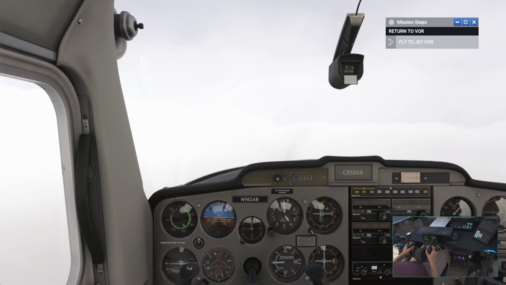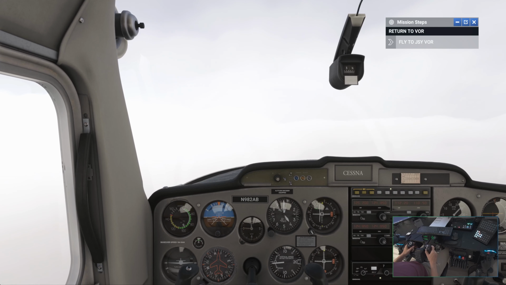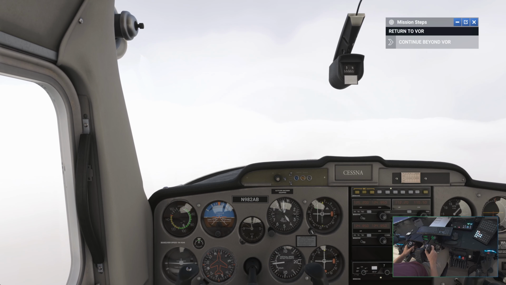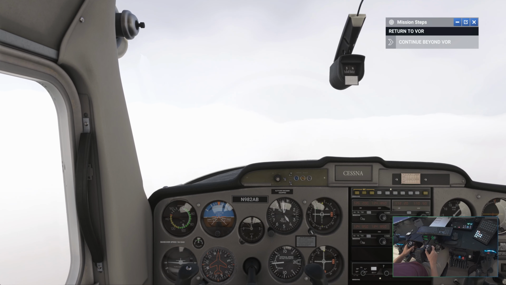See the needle starts moving, so we're coming close to the VOR. As we reach the overhead, maintain your course as your guidance is lost whilst travelling through the cone of confusion. Above the VOR now.